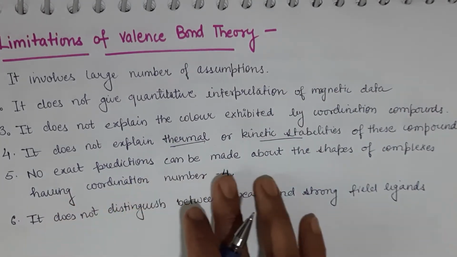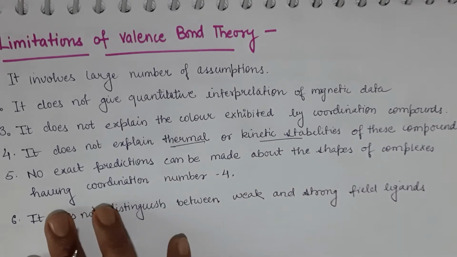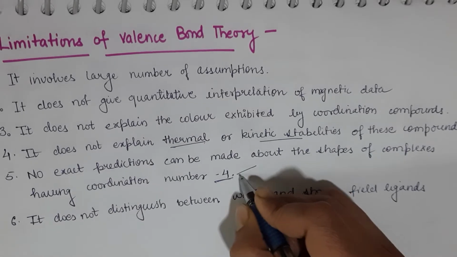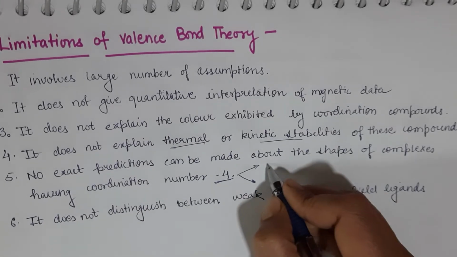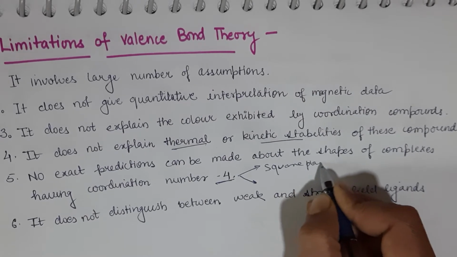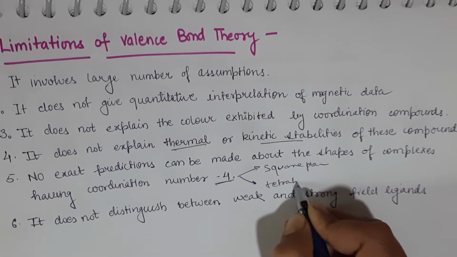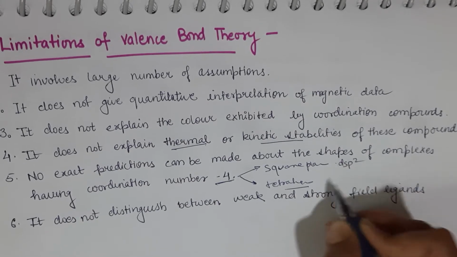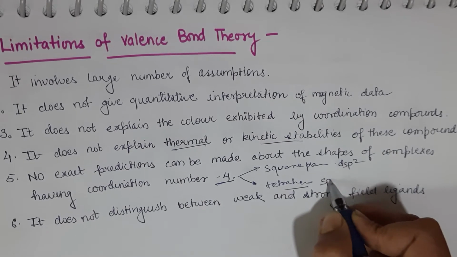No exact prediction can be made about the shape of complexes having coordination number 4. Coordination number 4 represents two types of shape. One is square planar, and one is tetrahedral. Square planar is having dsp2, and tetrahedral sp3.